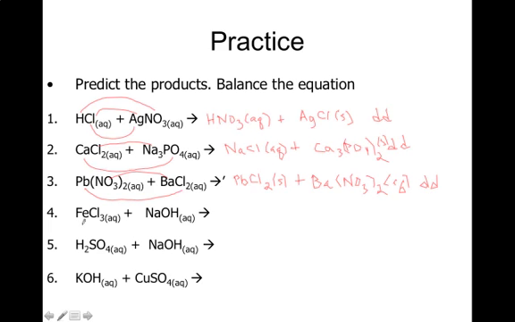Okay, here we have iron hydroxide and sodium chloride, and we have iron 3, so we know we're going to need 3 hydroxides.